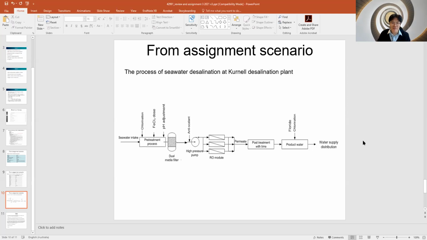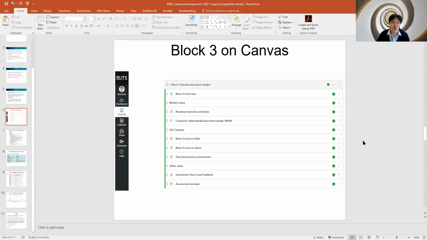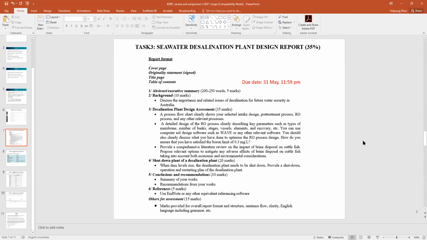And then you can design more specifically the RO filtration, dual media filtration. So that's the flow diagram you can use. Also, some of you possibly can utilize ultrafiltration because that's also the Adelaide and Southern desalination plant in Perth.